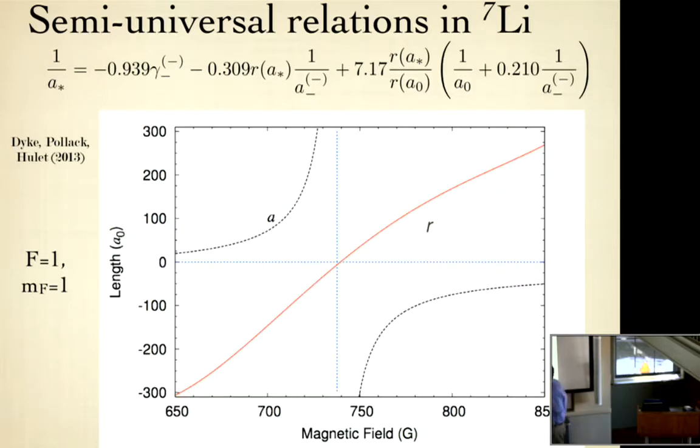This is a marked variation in effective range across the resonance. So once you start looking at corrections in this regime where R over A is less than 1 but not really, really small, one important point is that R has one value here and it has a completely different value over here. So this shows up in this formula and affects the predictions.